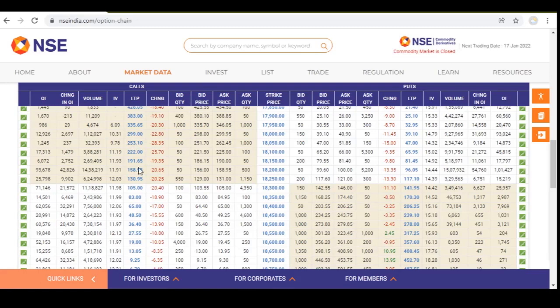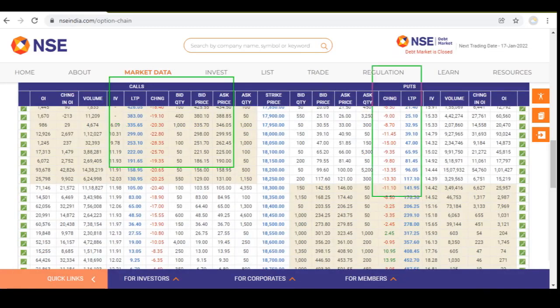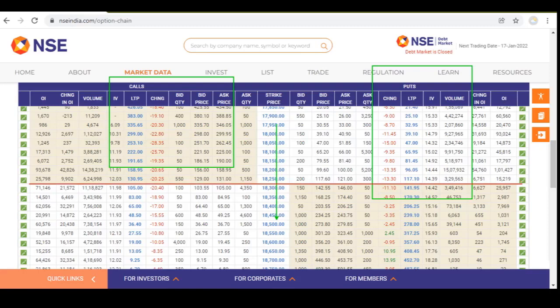So basically what you should know right now is the difference between calls and puts, and these are the strike prices. And if you clearly see, this is the line that divides the entire option chain into two parts, the upper half and the lower half. And this value is actually the in the money price because the market is trading at 18,300 right now.